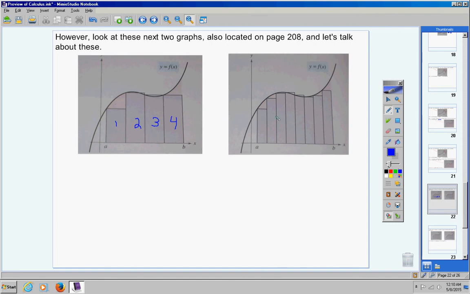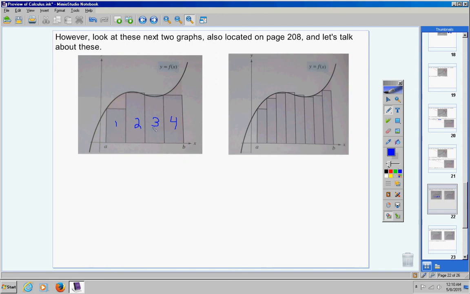But if I make the rectangles smaller, now notice the area that did not get counted is smaller. So I can find the area of all 8 of these rectangles and add them together.